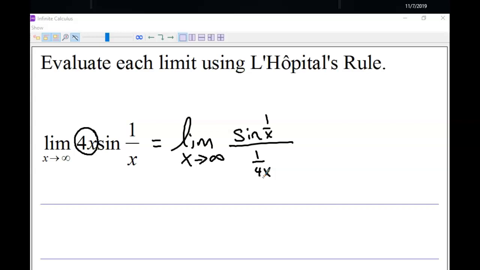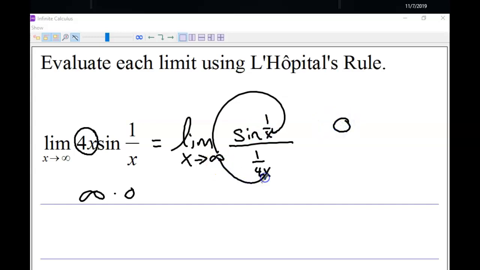But by doing that, remember how this was infinity times 0 before? I think I got them backwards. It was infinity times 0. It doesn't really matter. But now let's see what we get. If I plug in infinity here, I get 0, and sine of 0 is 0.